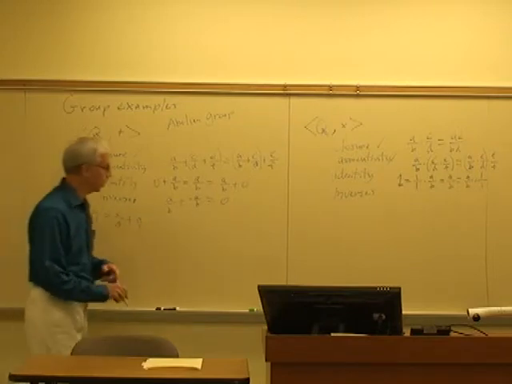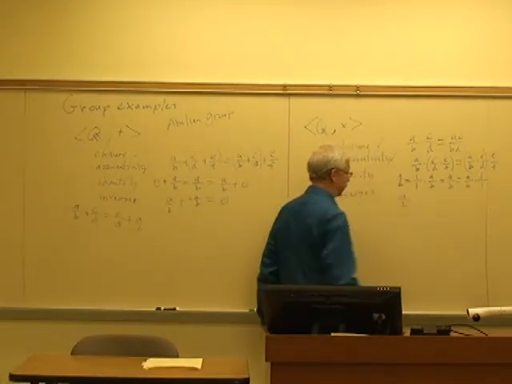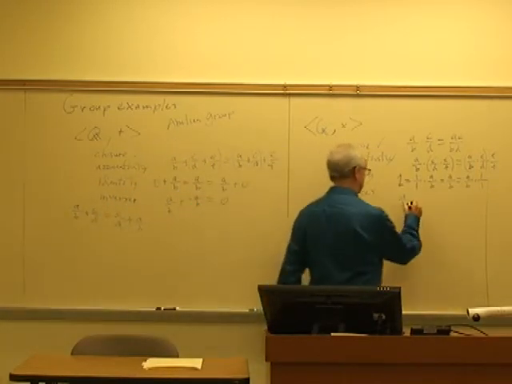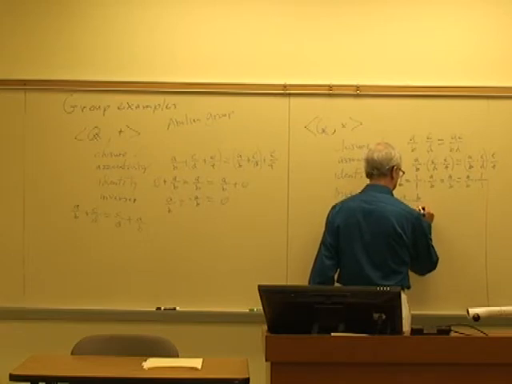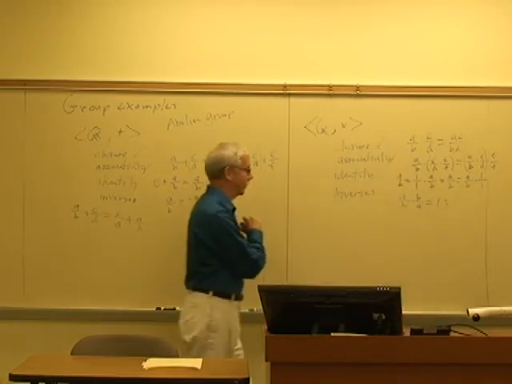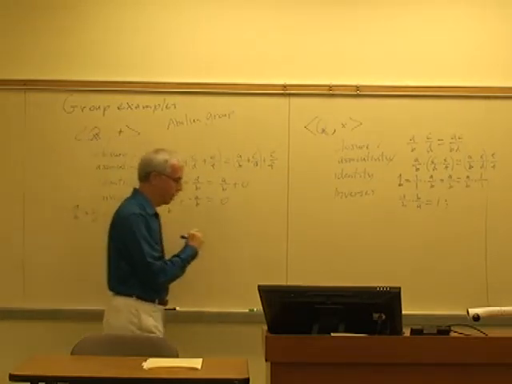Now what about inverses? What do I multiply a over b times to get 1? B over a. As long as what? As long as a isn't 0.